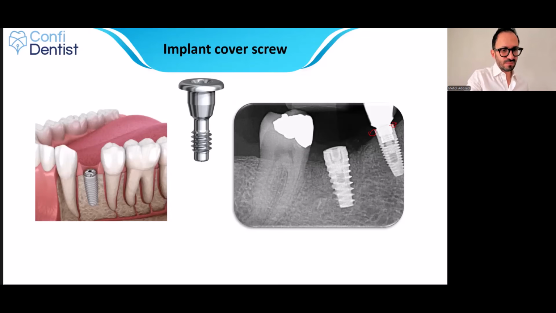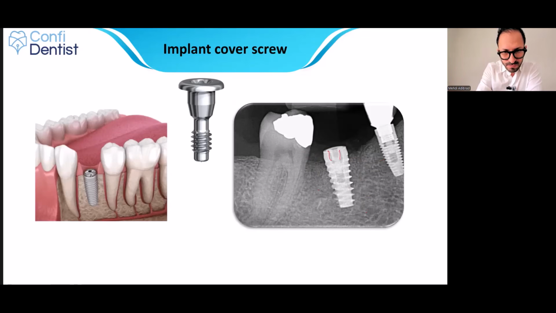Okay. And this X-ray is so interesting because this is just a review of what I discussed earlier. On the top 2 to 3 millimeters of most implants, we have micro threads, and the rest of the implant, we can see macro threads. Okay, more aggressive threads. Okay, why? You already know the reason.